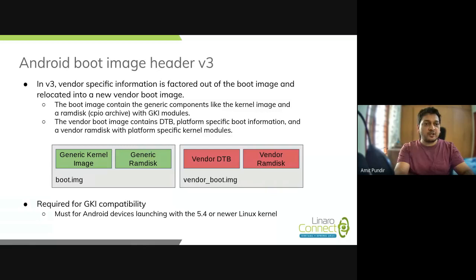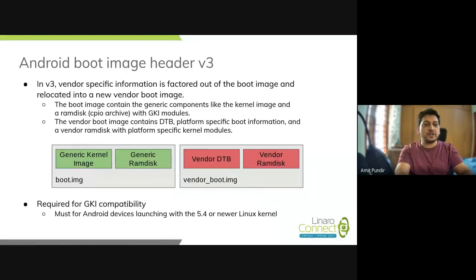So a quick background on version 3 header. In version 3, vendor-specific information is factored out of the traditional boot image and moved into a new vendor boot image. So now we have a generic or vendor-neutral boot.img and a vendor-specific vendor_boot.img. The boot image only contains generic components like the kernel image and a RAM disk with GKI kernel modules.